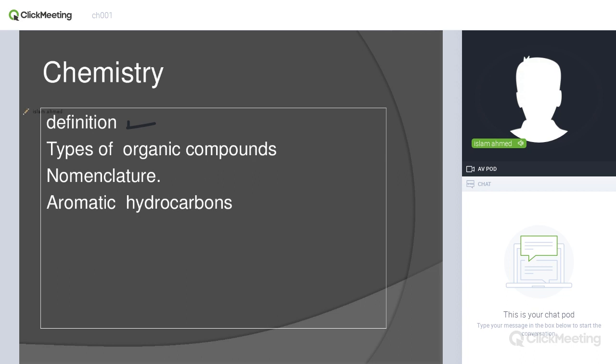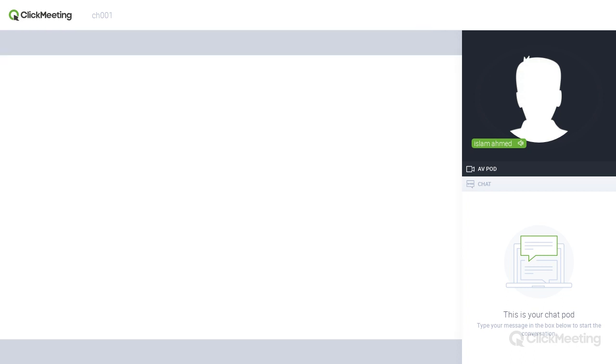Okay, so what's the difference between the first and the second one? The aliphatic compounds, as you see in the note, those are hydrocarbon, which is carbon, hydrogen, joined together in a straight chain or branched chain.